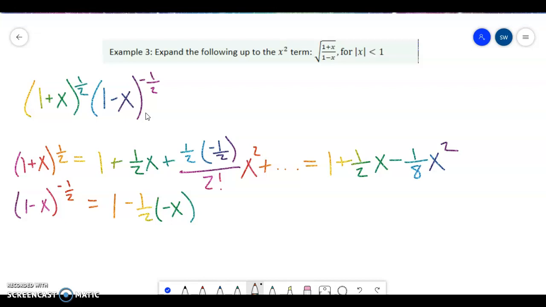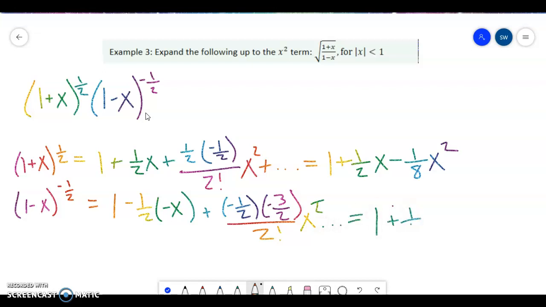Then the power is negative 1/2, 1 minus the power is negative 3/2, all over 2 factorial x squared, dot, dot, dot. So that is equal to 1 plus 1/2 x, and then plus 3/8 x squared.